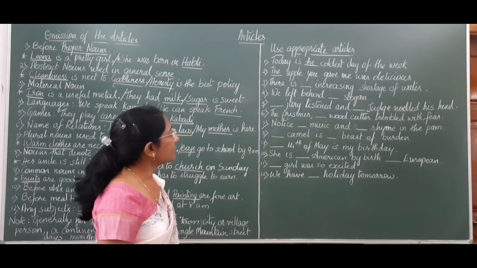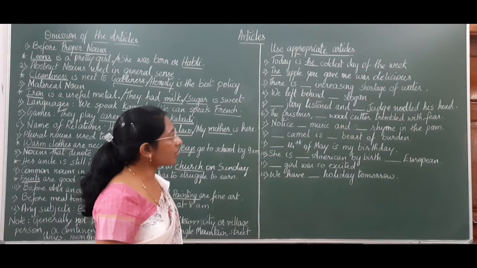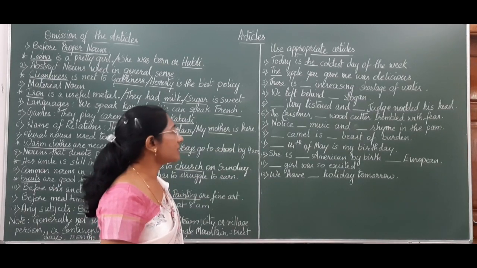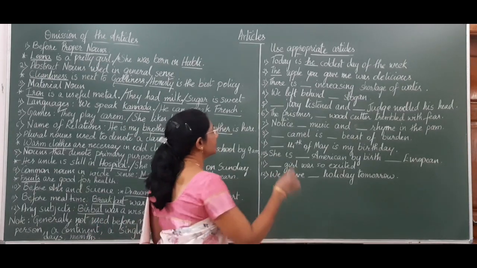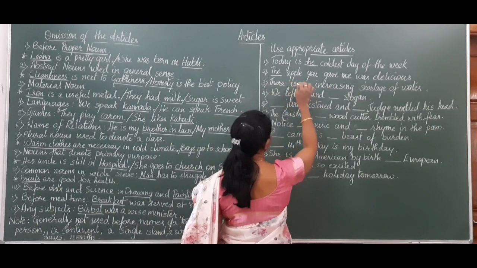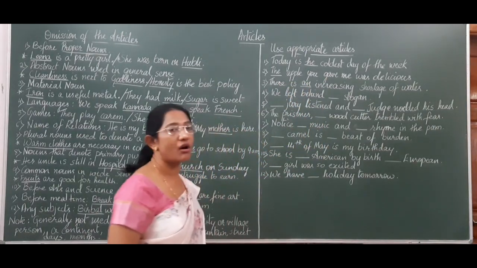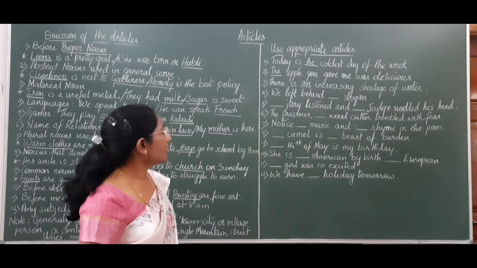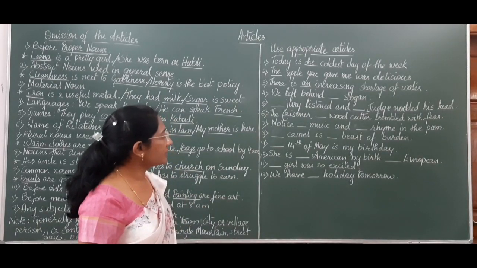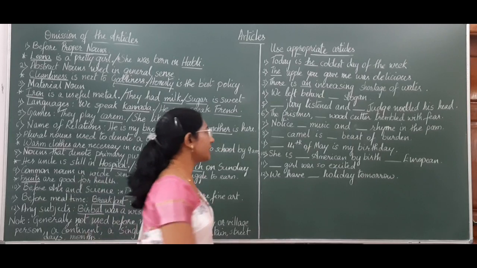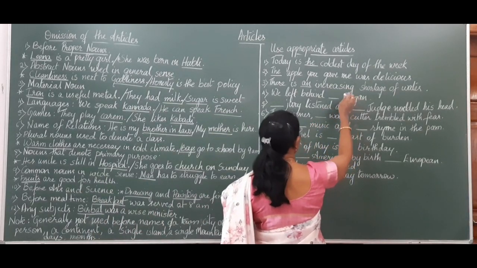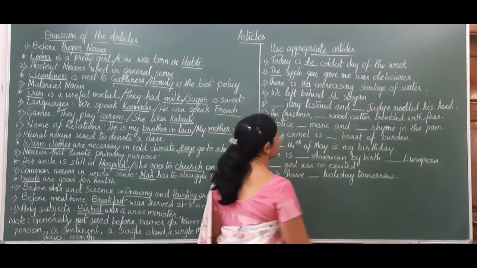There is dash increasing shortage of water. Increasing starts with a vowel sound. So you use: there is an increasing shortage of water. We left behind a slogan. Here it is a consonant sound. Slogan, a slogan.